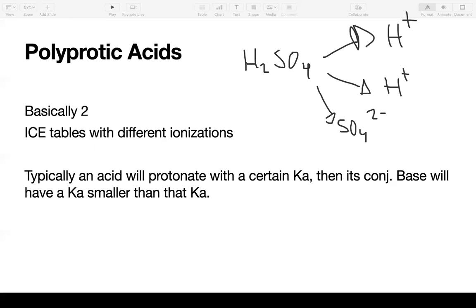So H2SO4 Ka is greater than HSO4 minus Ka. So it'll become more resistant to ionization the more protons you remove from it. It's basically a summation of what that says.